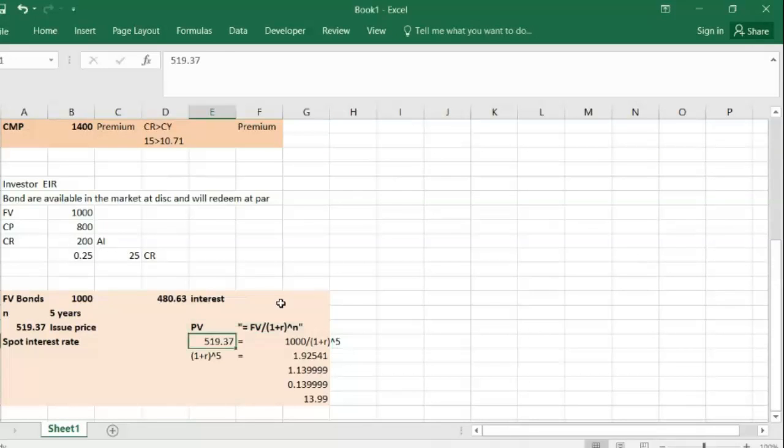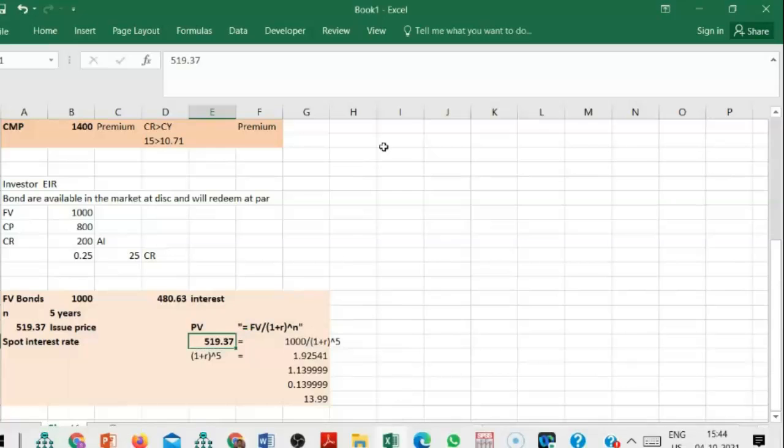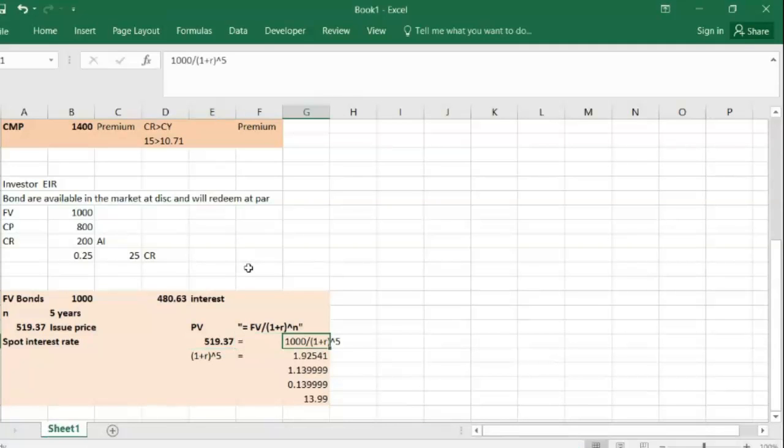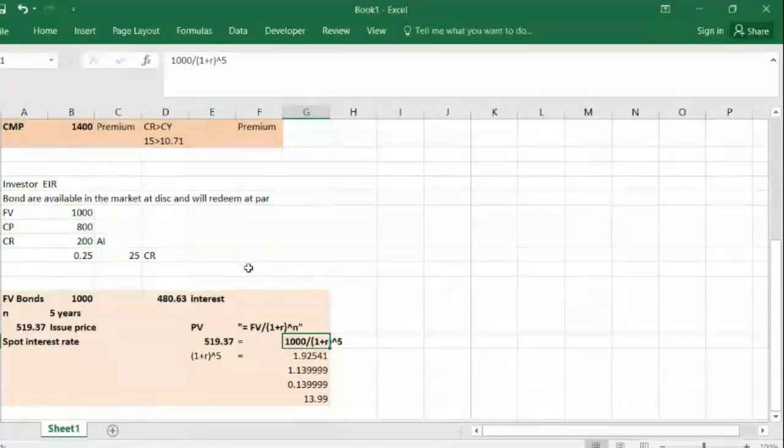Any formula we can use. I used face value divided by (1 plus r) to the power n. Here the present value is available, because the issue price is the present value. Please understand, the issue price is the present value. The future value of the instrument is 1000 rupees.